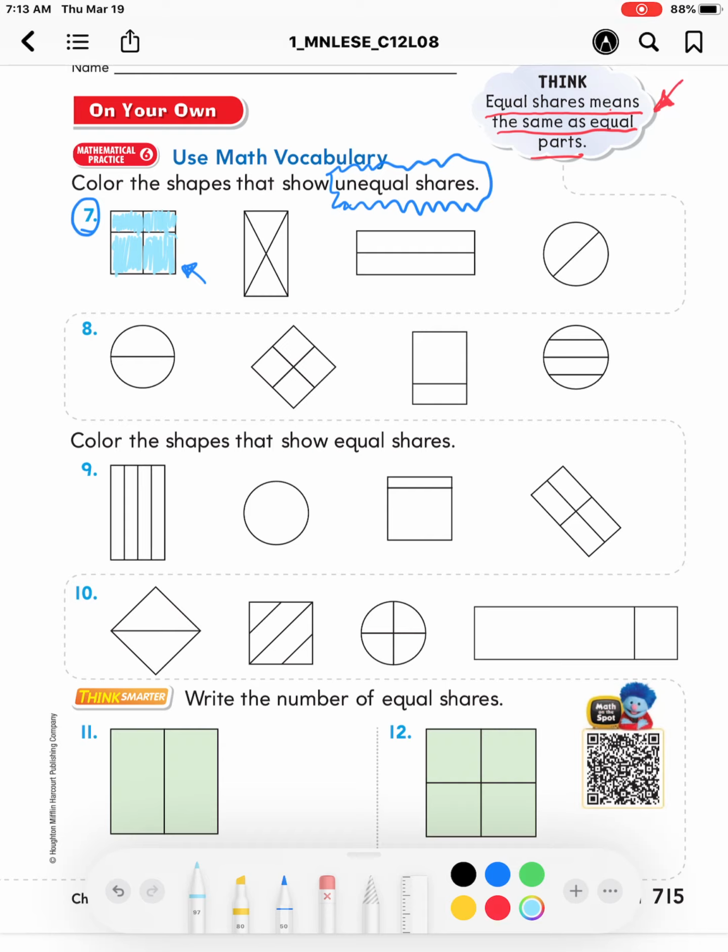Now, what about the next one? Does it show unequal shares? Does it show unequal parts? Yes. Excellent. It shows unequal shares. So let's color it.